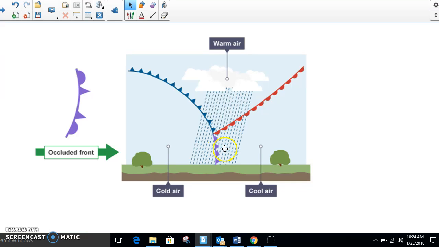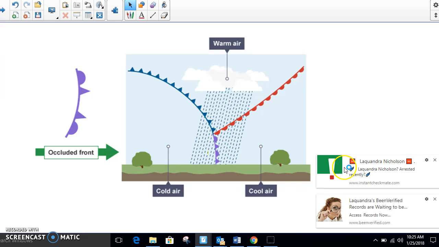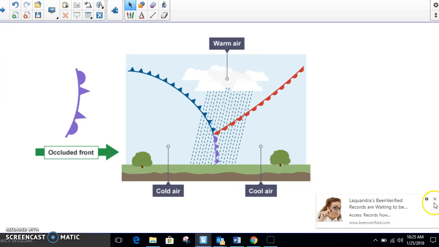That means the warm front is trapped right here. You see that purple. So it is trapped, so it's occluded, meaning it's caught between these two fronts. And of course, it will bring some rain too. Not a heavy rain, but light rain over an area.